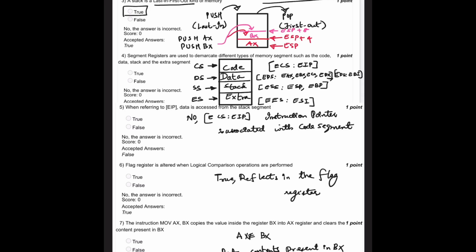Now let's say we execute pop CX. What happens now is this element which is on top of the stack gets transferred into CX. So CX will have this element. So hence the element which is right on top is popped out.